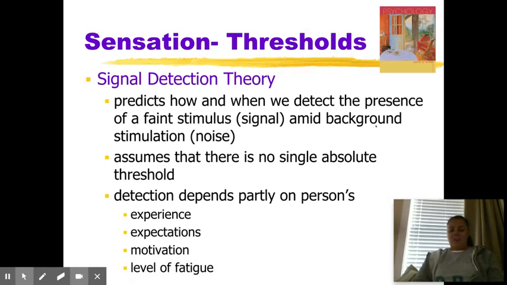Our motivation, obviously, I'm motivated to hear because I'm hungry and I want to get to Taco Bell. And then, of course, our level of fatigue. Are we super tired? And that may affect how acute our hearing or taste or sight might be. Our hearing, our taste, our sight, our touch, our smell.